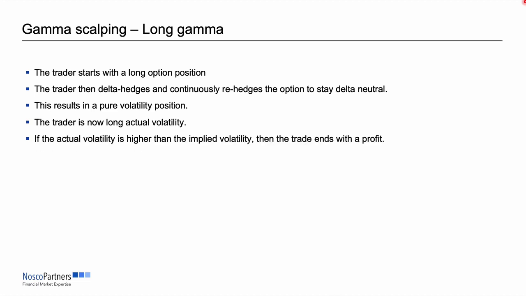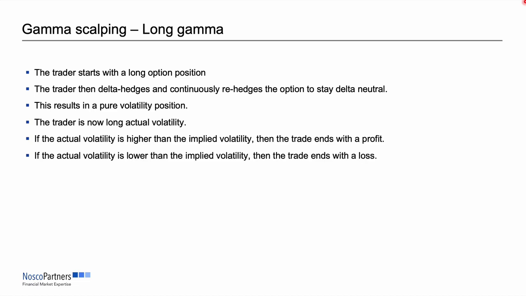If this realized volatility turns out to be higher than the implied volatility, the trade ends with a profit. If this actual volatility is lower than the implied volatility, then the trade ends with a loss.